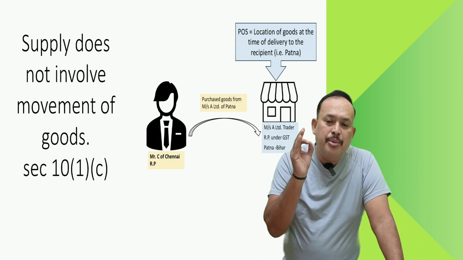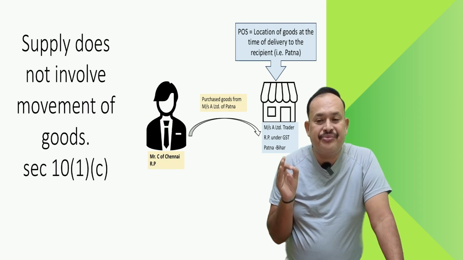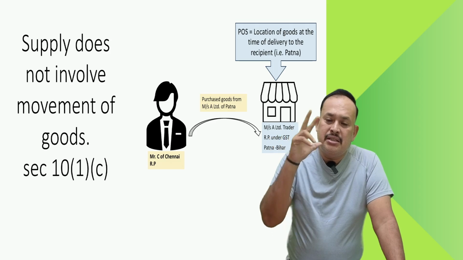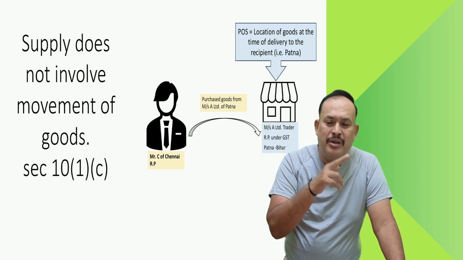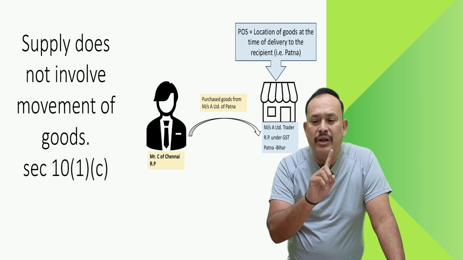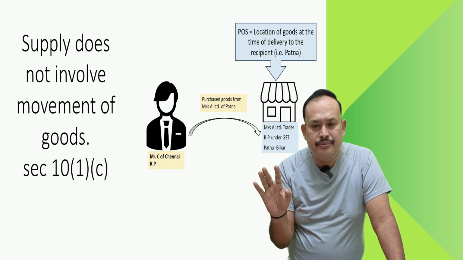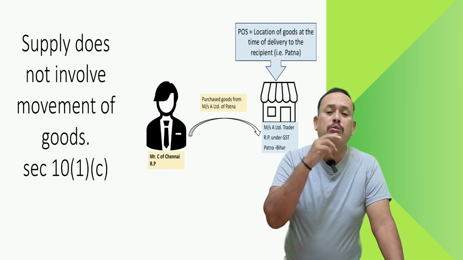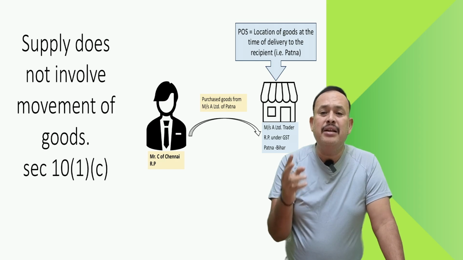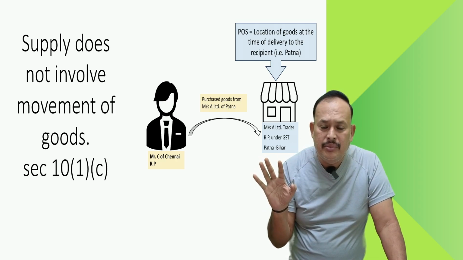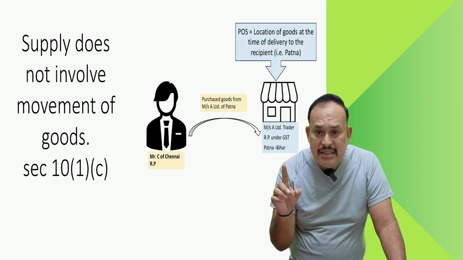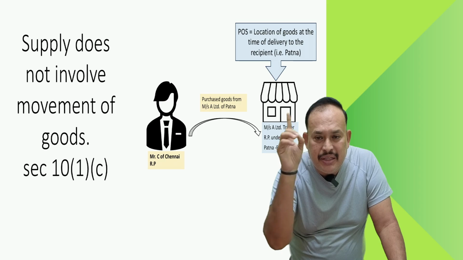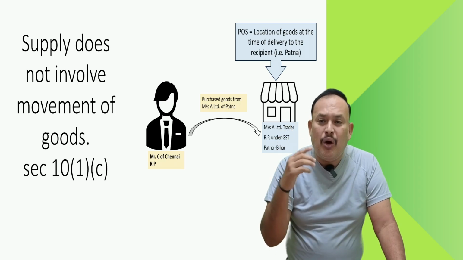Then 10(1) A won't come, and 10(1) C won't come. If the recipient is an unregistered person, be careful, my dear friends. Then what is going to come here?